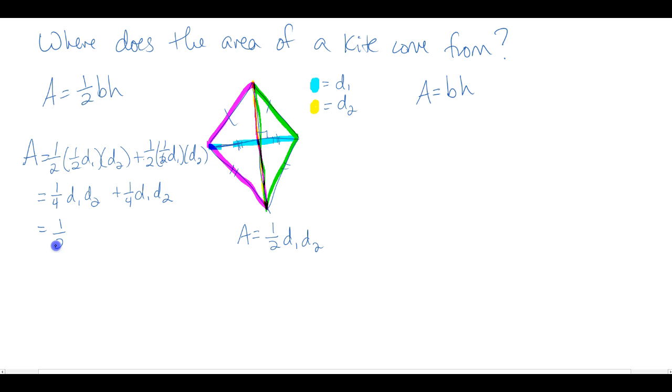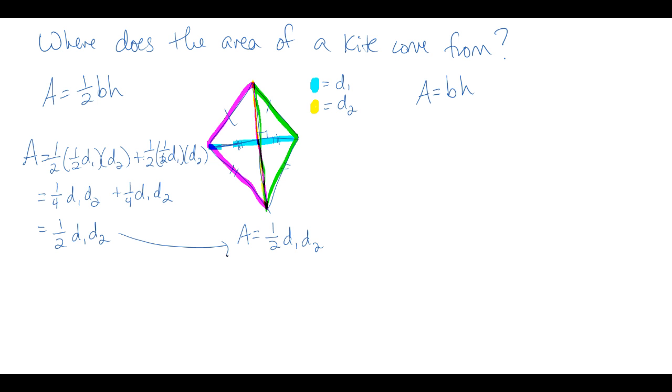It is 1/2 d1 d2, or diagonal 1 times diagonal 2. So this is one way in which the area of a kite can be derived: finding the area of the two triangles that make up the half and adding them together.